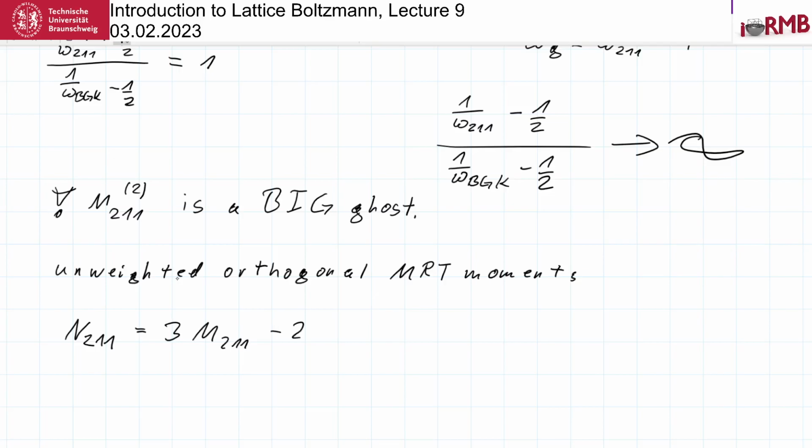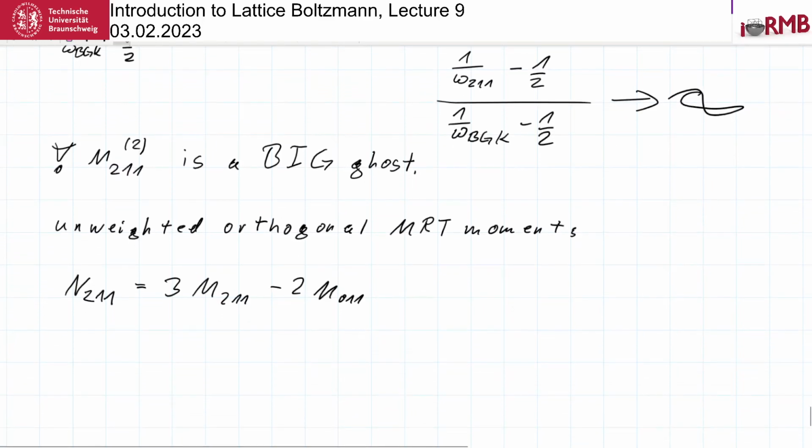I looked this up in the lattice that Lallemand and Dubois gave me for that purpose, and it looks like this. So you combine the actual first order moment with 3 times and subtract 2 times the second order moment, and this will make it unweighted orthogonal.